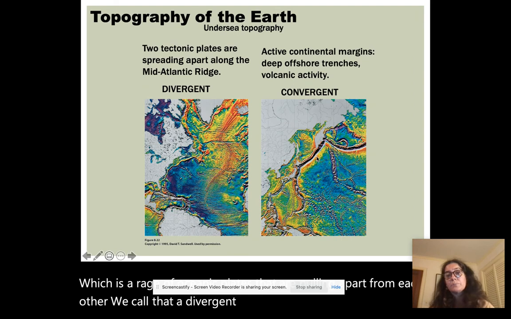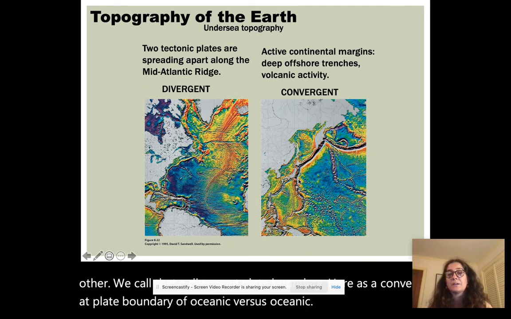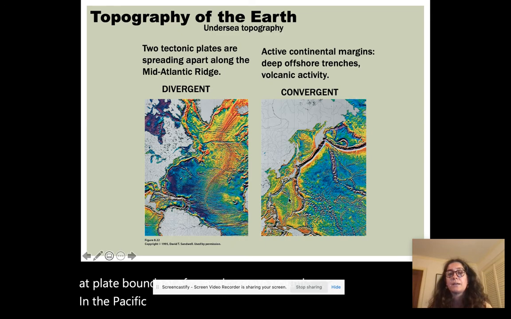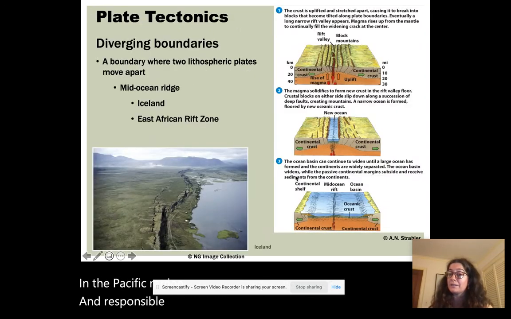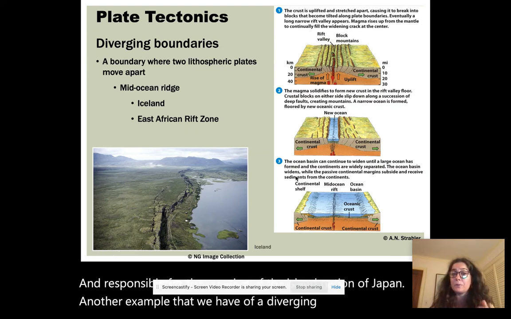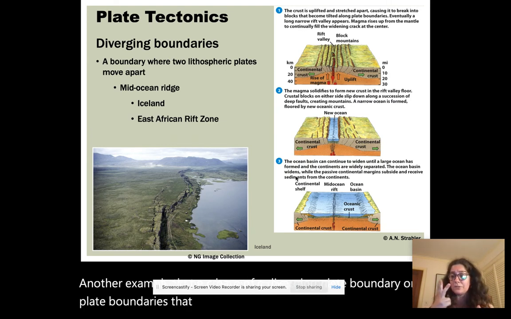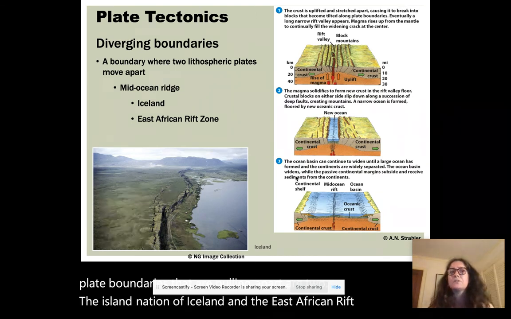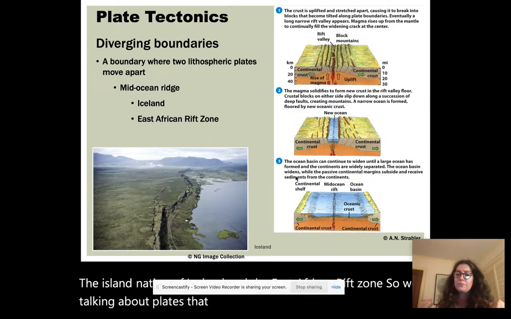Here is a convergent plate boundary of oceanic versus oceanic in the Pacific region, responsible for the creation of the island nation of Japan. Another example of diverging plate boundaries, or plates that are pulling apart, are two: the island nation of Iceland and the East African Rift Zone. So we're talking about plates that are pulling apart from one another, not colliding.